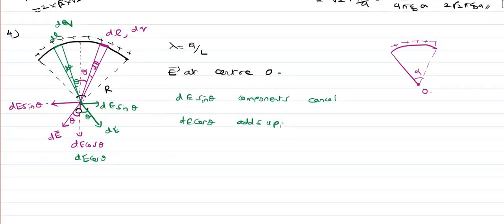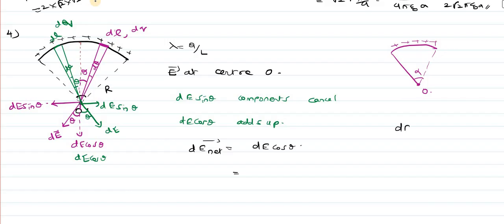So the total electric field we need to find. dE net will be equal to the summation of dE cos theta. But from where to where? We have to find it, we have to go for integration. When I first substitute, we will see.